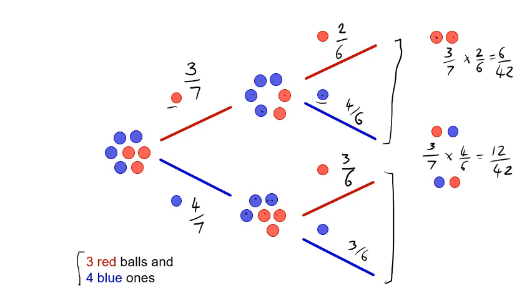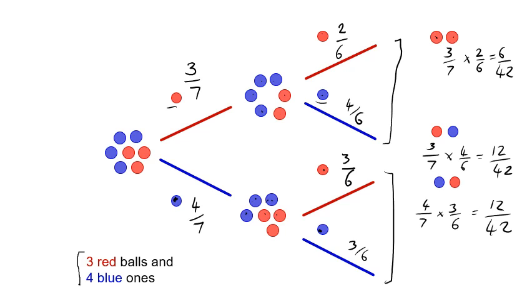What would the probability of taking a blue and then a red be? That would be 4/7 times 3/6, which is 12/42. And then finally, what would the probability of taking a blue and then a blue be?